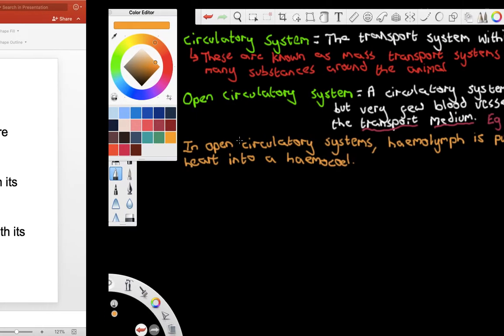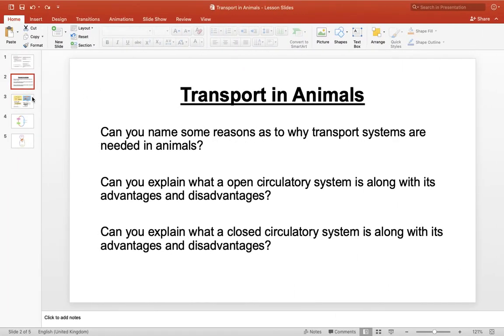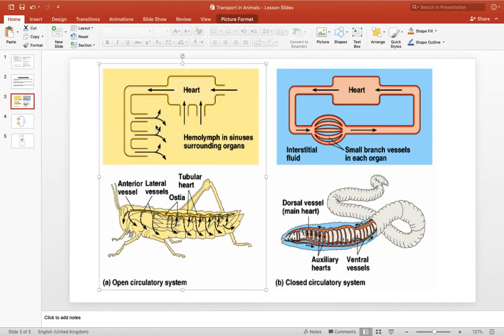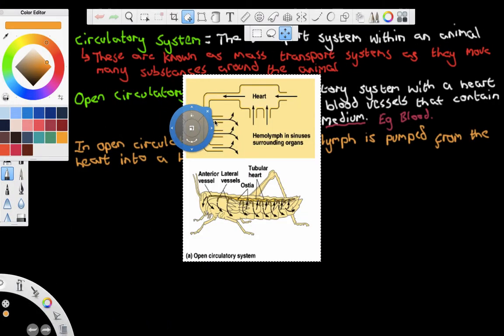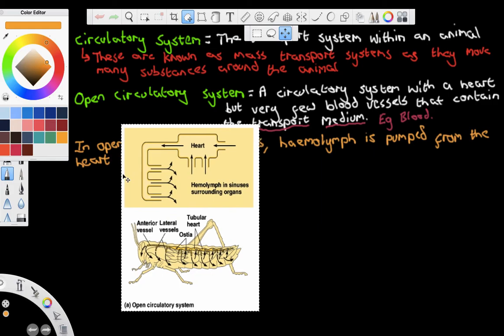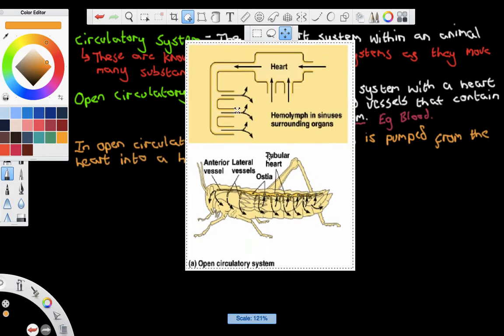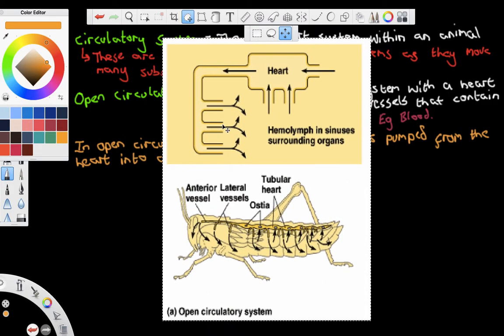Now, in this example, we're talking about insects. I'm going to copy this image so that we can use it here. Essentially, what the insect's body consists of is a heart that runs along its back.